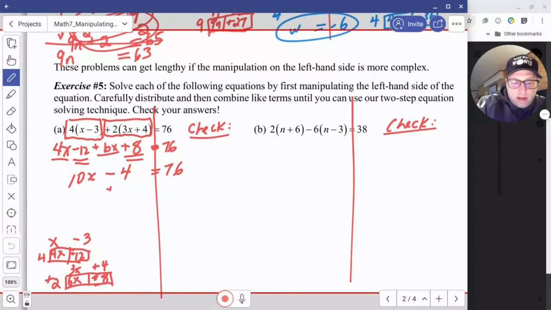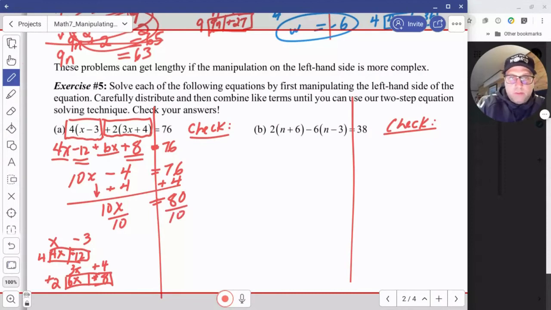We attack with the opposite. So we get 10x equaling 80, because the 4 is eliminated: 76 plus 4 is 80. Last step, undo the multiply using division, so divide both sides by 10. X is 8. Or so we think.